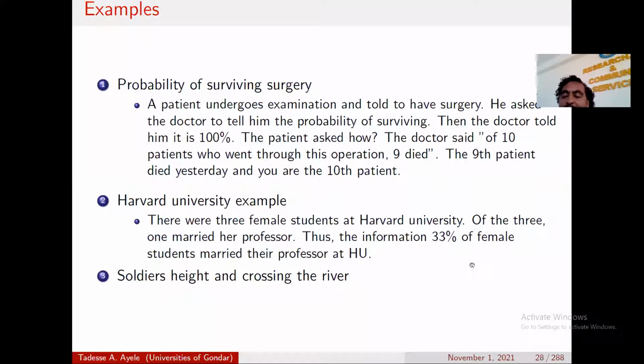This was wrong because the absolute value is 3. If there are only 3 people, we don't talk in percentages; we talk in absolute numbers. One of 3 students married her professor, and we should not convert it to a percentage, because in order to change an absolute number into a percentage, the number should be at least greater than 20.